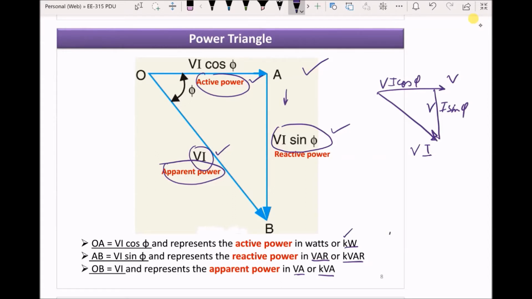So kilowatt, kilovar, and kVA. This is how we represent the power, and I'm sure we know that already.